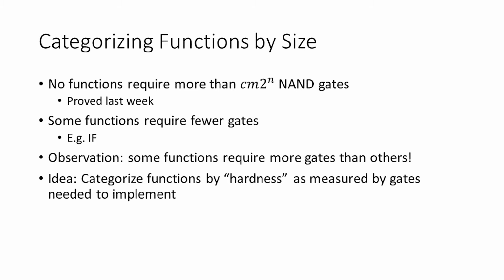So there always exists some circuit that can compute any n input m output function using c times m times 2 to the n gates for some constant c. Now that tells us that if we look at the complexity class of all functions that can be implemented in c times m times 2 to the n gates or fewer, that's going to actually contain all n input m output functions in general.